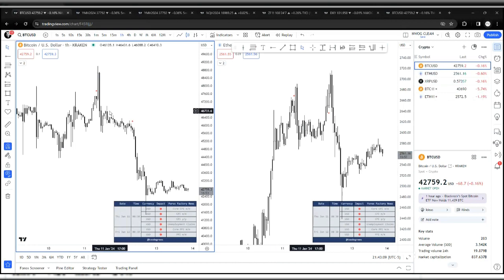Bitcoin has been going up for a while. Ethereum has been going up for a while. Stocks, everything has been going up for a while, which I don't believe that the S&P 500, NASDAQ, and probably not even Bitcoin is finished with going up, but now it's showing us weakness before the time, quote unquote.